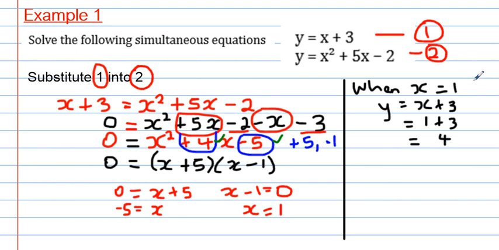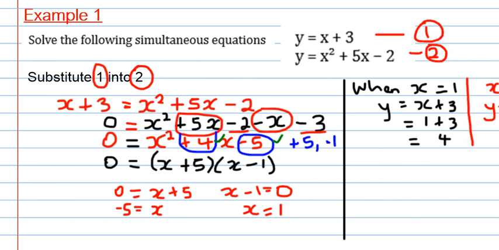Okay? And then we can do the same thing when x is minus 5, because we've got minus 5 here. So when x equals minus 5, we use the same equation, equation 1, and substitute x back into equation 1 like we did for the first one.